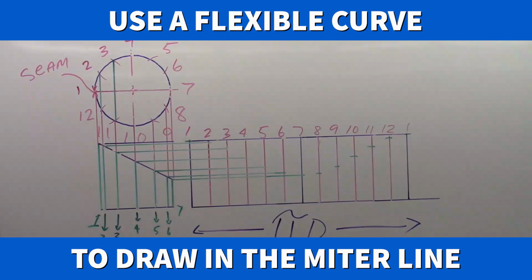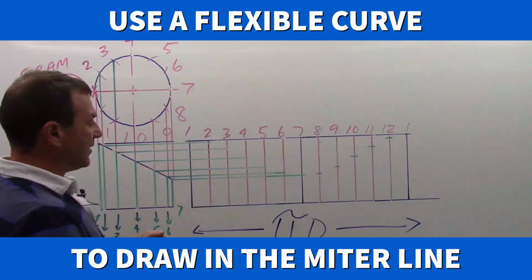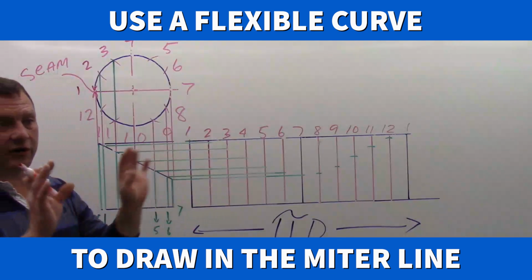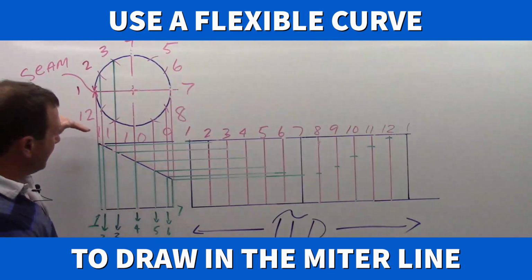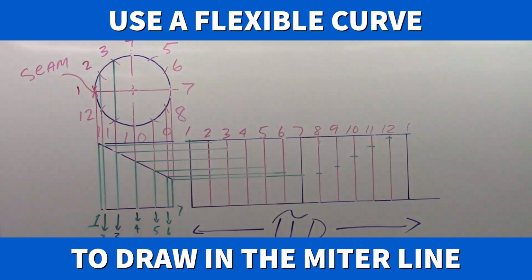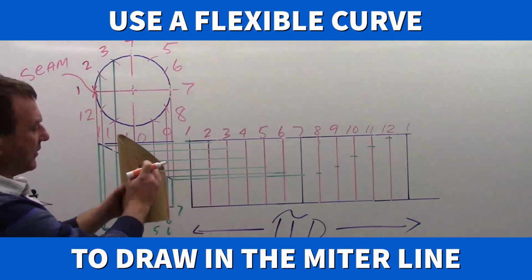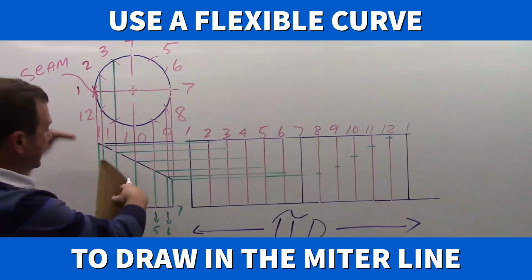What we can do now is grab a flexible ruler and connect those points. Now this is a piece of round pipe, and being that it's round in shape, but it's cut straight, it's constantly changing height no matter where we are, even though it's a straight cut.